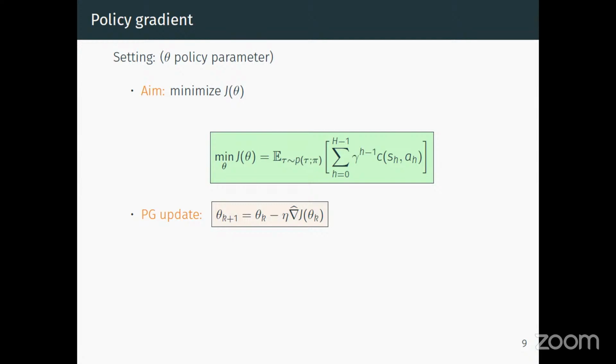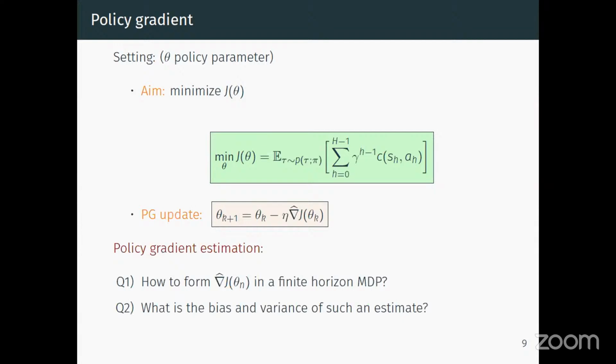I'm in the cost minimization regime, so I'm doing this. And some of the questions are, how do I form this estimate using sample paths? And what is the bias and variance? This is not the contribution of this work. This is fairly well known in the policy gradient literature. We want to get to second order, but I'll briefly tell you how to form these things.